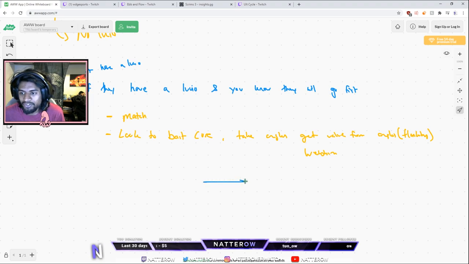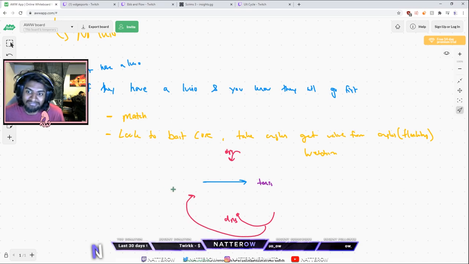If one team is pushing into an enemy team, your tanks maybe stay here, but then one DPS will go there, another DPS will go over here, and maybe someone goes even further, even behind. We could have another DPS go here, and an off tank go here, and then you are all around them, and it creates this web.